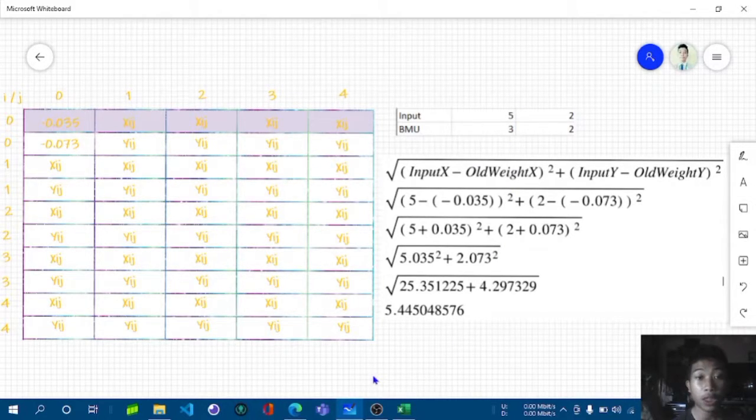In order for us to find its neuron value, we need to use Euclidean distance. So we need input x, which is 5, and the old weight x and the old weight y are considered to be the initialized values of weight of each neuron, or maybe the updated values for each neuron's weight. So here we have negative 0.035 for the old weight x and negative 0.07 for the old weight y.